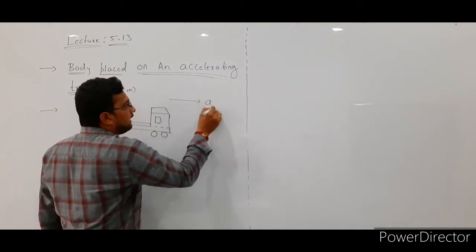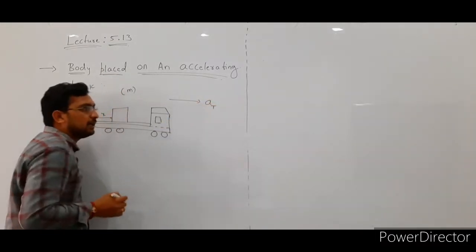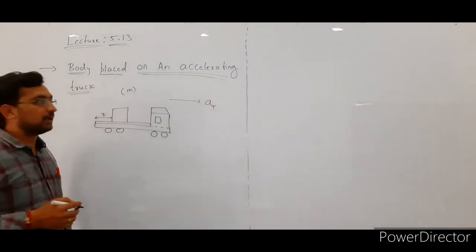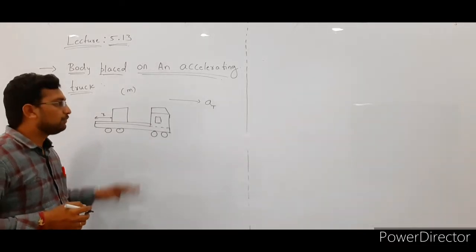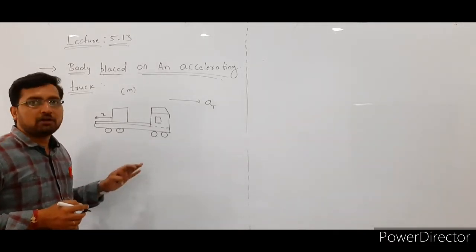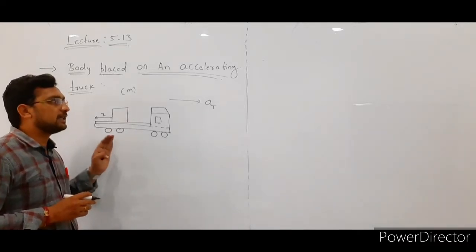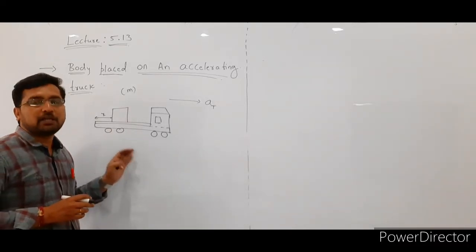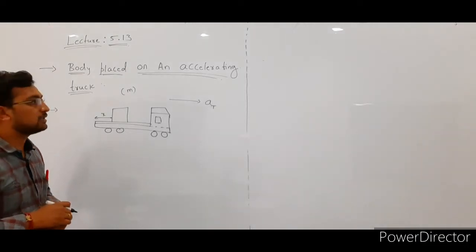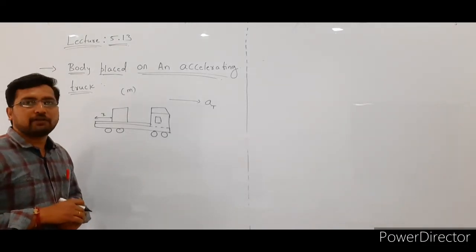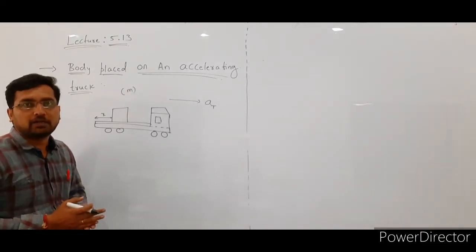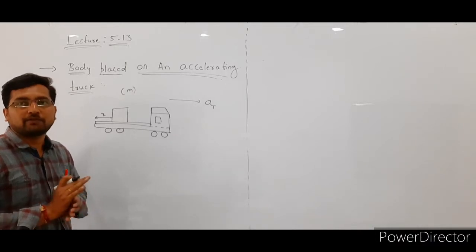Here a suffix t indicates the acceleration of the truck in this direction. So now this becomes a non-inertial frame of reference, because the truck is accelerating. In a non-inertial frame of reference, if you want to apply Newton's second law, we introduce the concept of pseudo force.